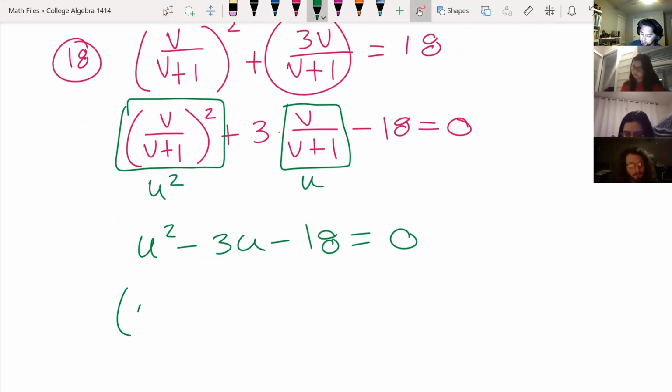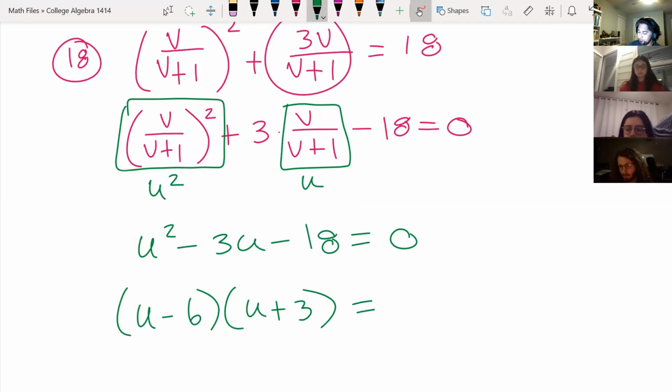Factor, I believe you'll get U minus 6 and U plus 3. So U squared, 3 minus 6, negative 3, and negative 18.